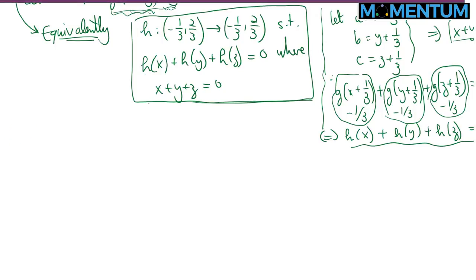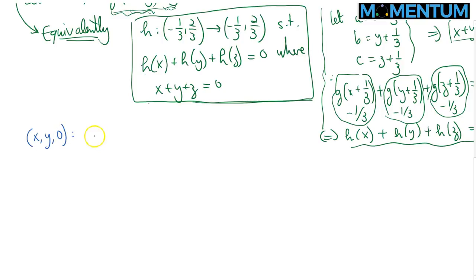At this step, we can just substitute different numbers. For instance, if you substitute x, y, and 0, replacing z with 0, that expression will become h of x plus h of y plus h of 0. I should have, okay, let's first plug in 0, 0.